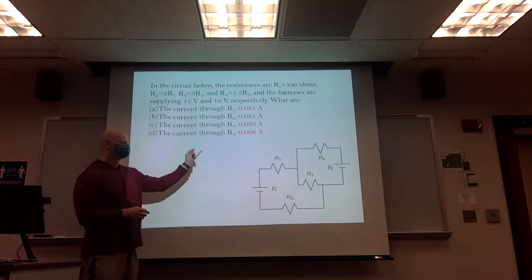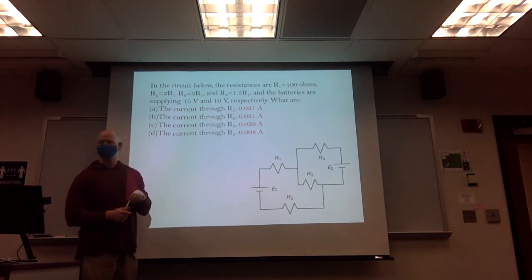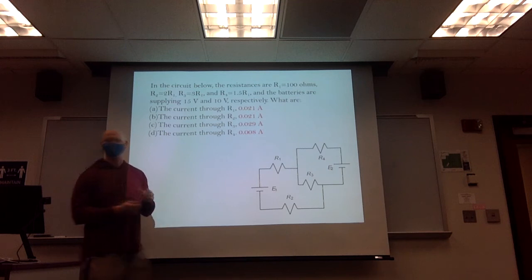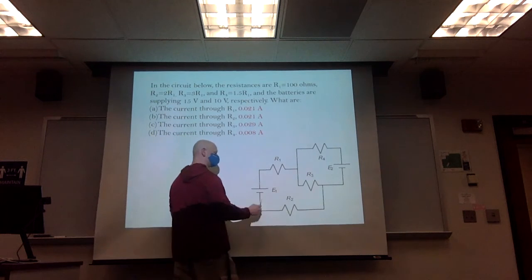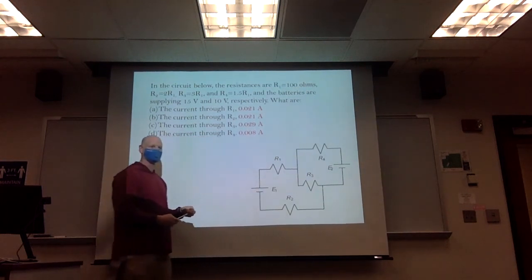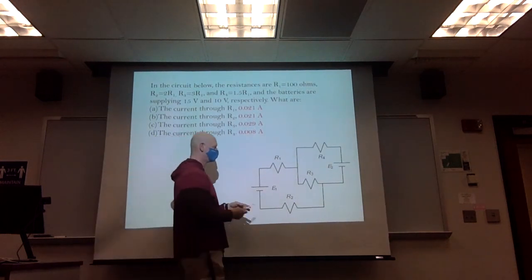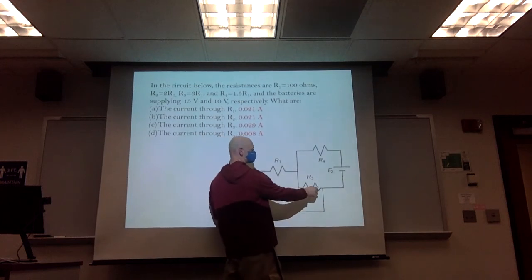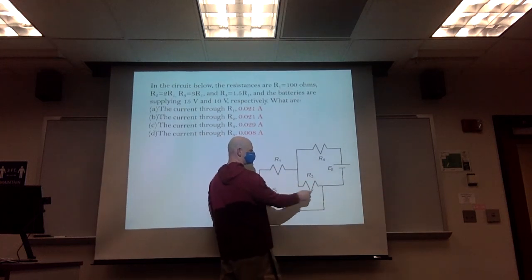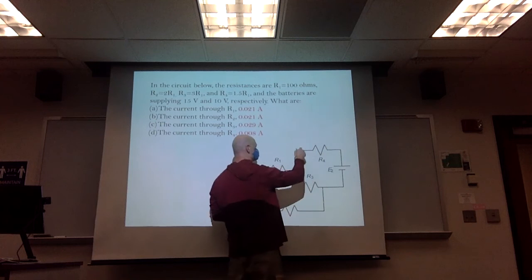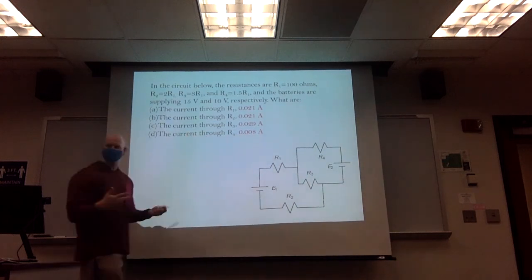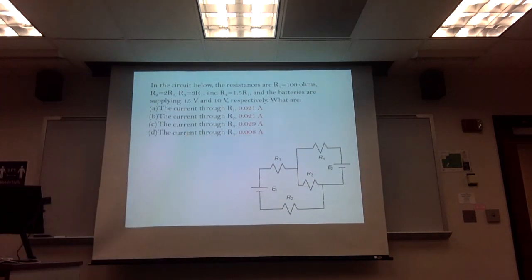So in this case, which ones actually have the same currents? 1 and 2, right? 1 and 2 are connected along the same leg, which means they have to have exactly the same amount of current going through them because they're in series. This one here is a junction which goes to this junction, so this guy has its own current, and I have a junction going from here to here, which means he has his own current. So I have 3 total currents. Just because I say what's the current for each individual resistor doesn't mean each individual resistor has a different current from another resistor.